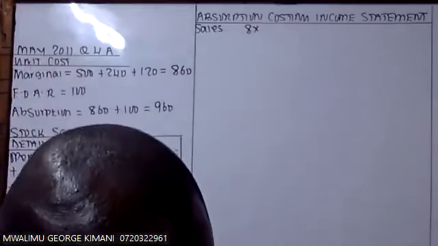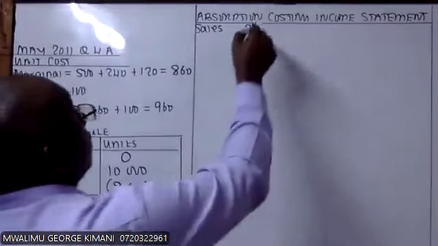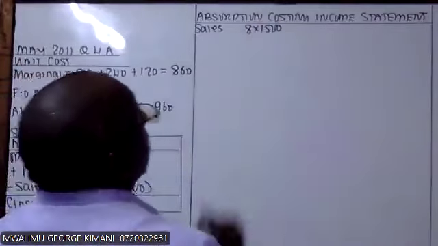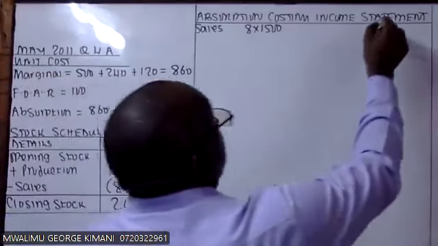The selling price we are told is 1,500. So multiply 8 by 1,500, and that is 12,000. You write it at the end.